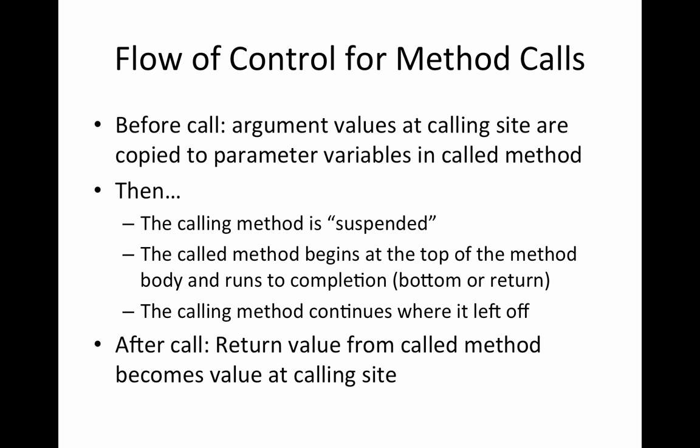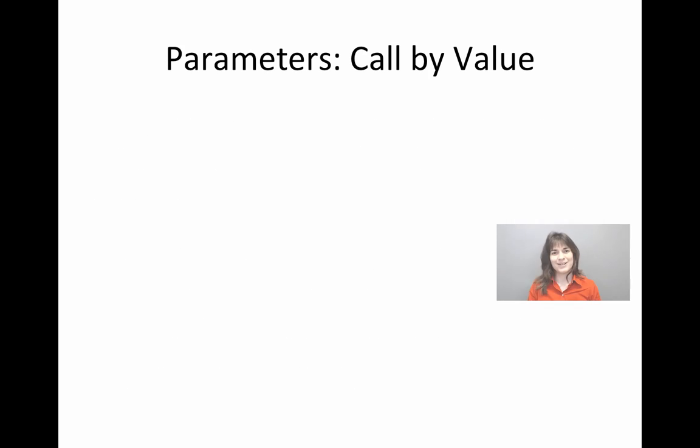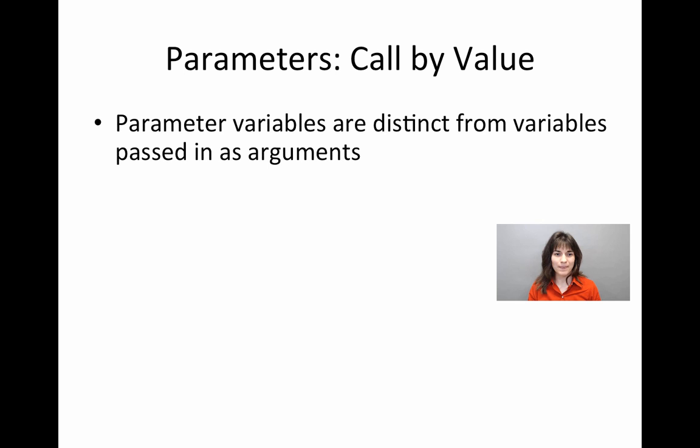It will become the value of variable z. Pay attention so that we clarify one tricky point about call by value. We have already mentioned it, but let's make it even clearer. The parameter variables are distinct from the variables that we pass in as arguments to the method.